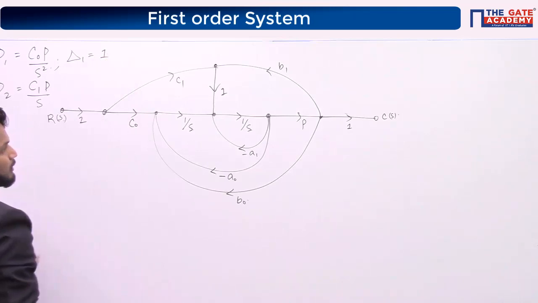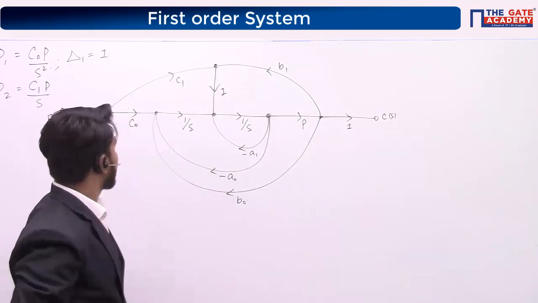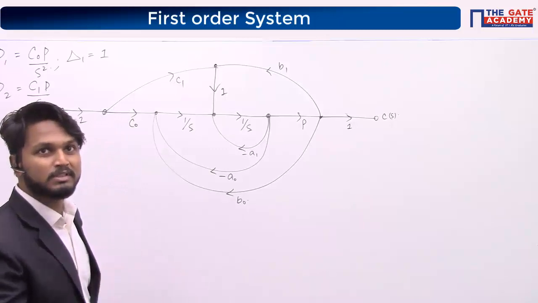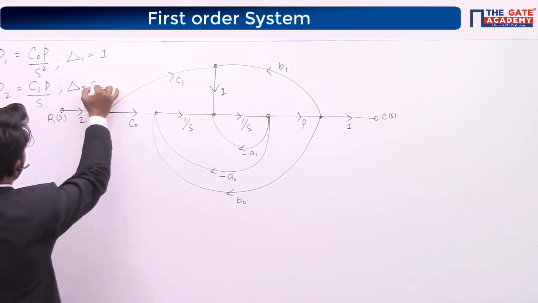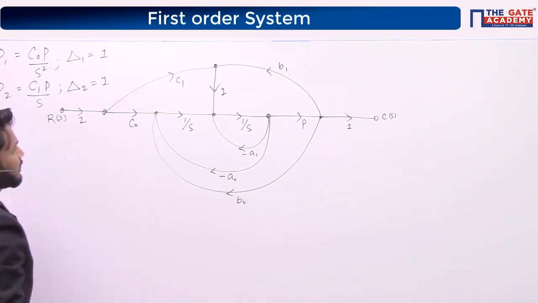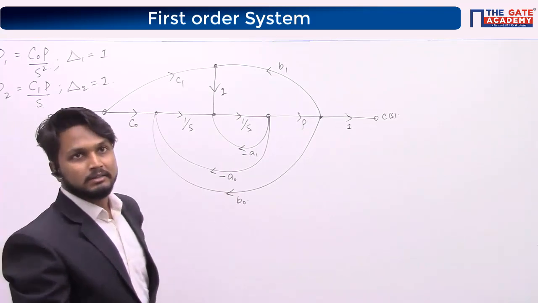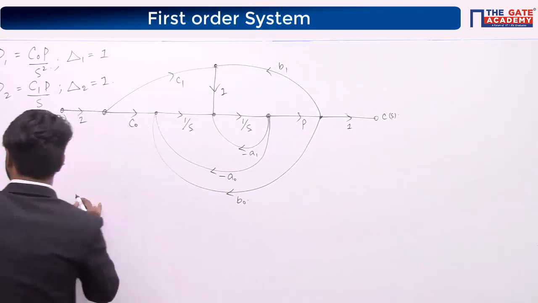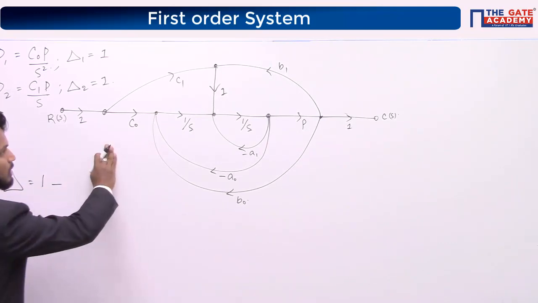So what about delta 1 and delta 2? Delta 1 is 1 because there are no non-touching loops to the first forward path, and there are no non-touching loops to the second forward path also. Therefore delta 2 is also equal to 1, right? So once we get this, we need to calculate delta. Delta is 1 minus summation of all the loops, right?